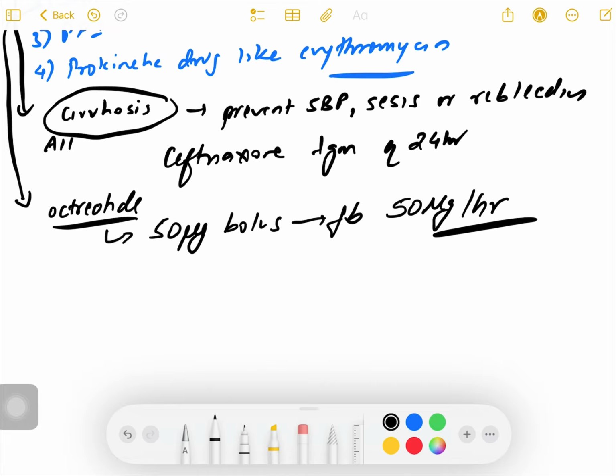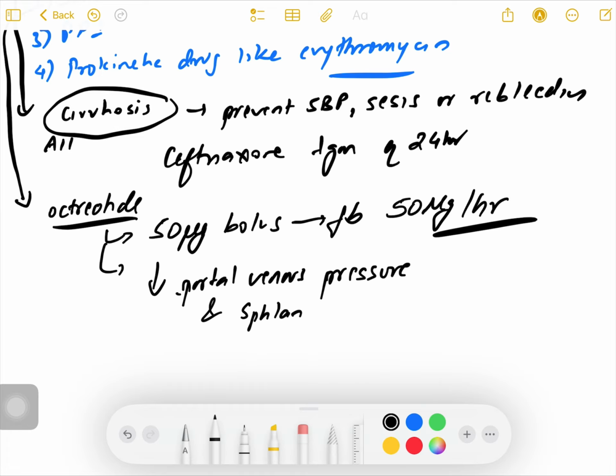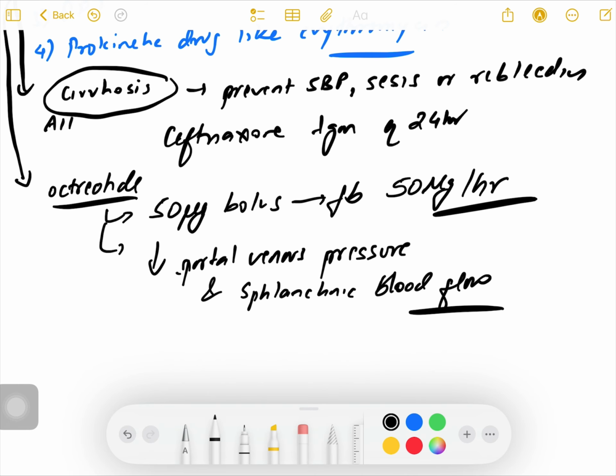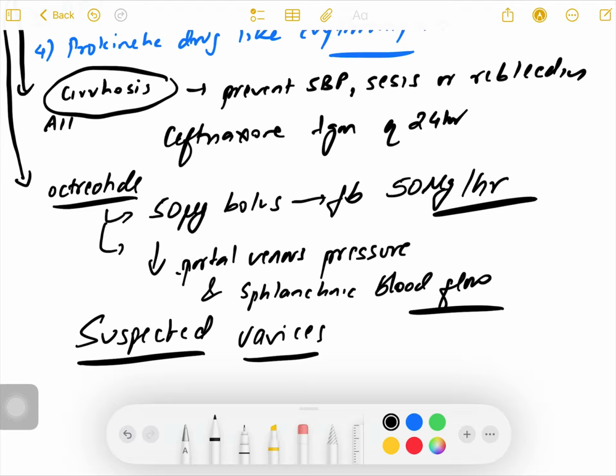This is given to decrease portal venous pressure and splanchnic blood flow. If there is suspected variceal bleeding, that is much more important. But if we suspect it in a patient with cirrhosis, CLD, we also give octreotide.